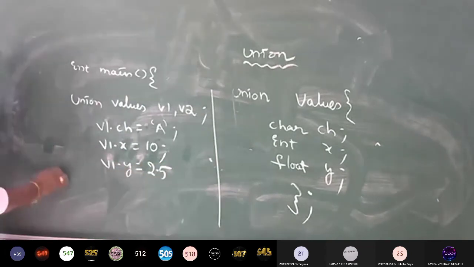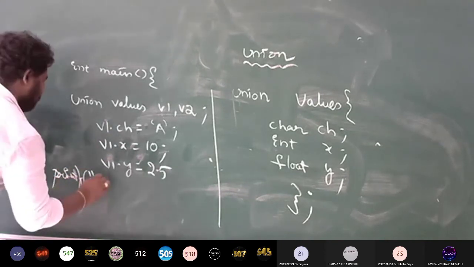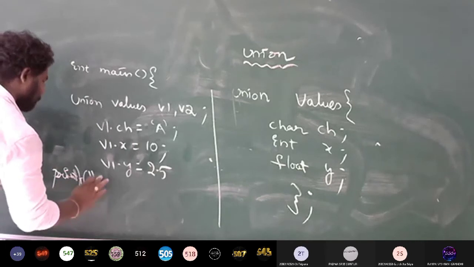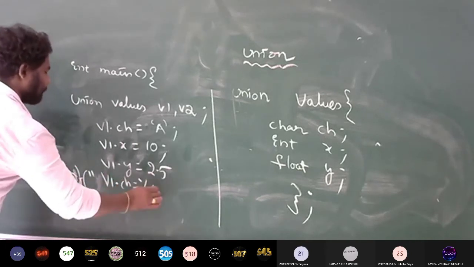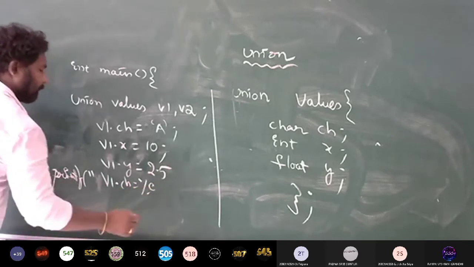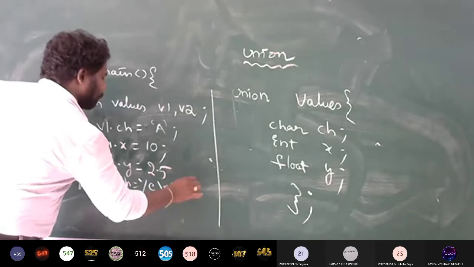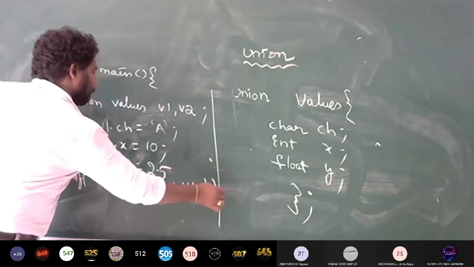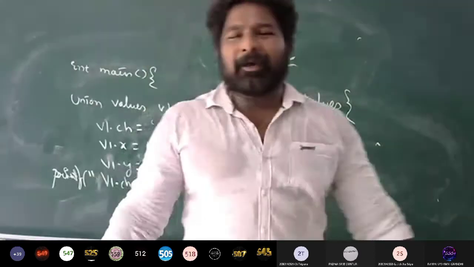If I try to print all the values like percentage c, if I write for example v1 dot ch equals to percentage c, and slash n, if I write v1 dot ch, do I get A? A వస్తుందా?